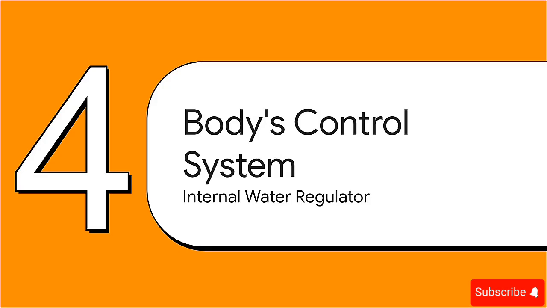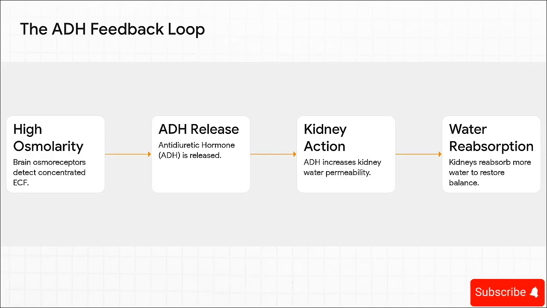So, with all these potential dangers lurking around, shrinking cells, swelling cells, you have to wonder, how does our body manage this whole circus? Well, it turns out it has a brilliant and almost completely automatic control system. At the very heart of this system is this beautiful feedback loop. You've got these tiny sensors in your brain called osmoreceptors, and their only job is to constantly check the saltiness, the osmolarity, of your blood.